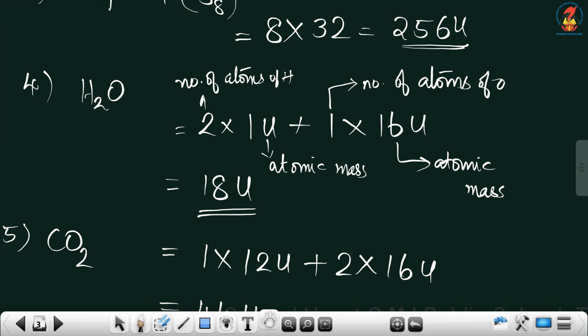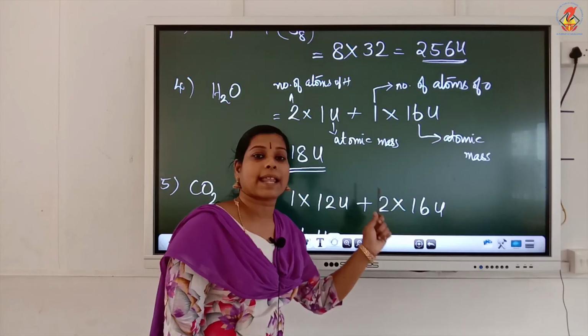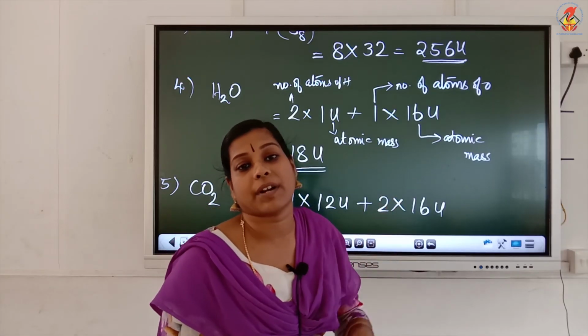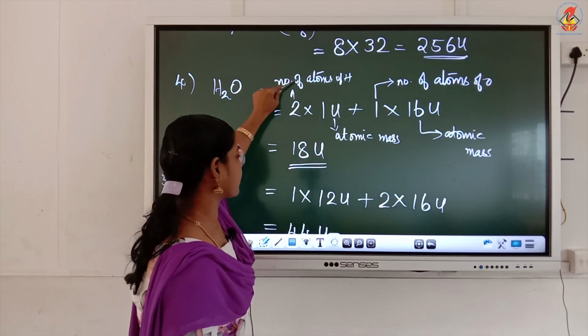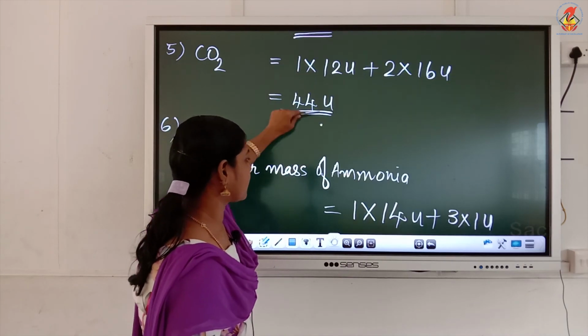After that we saw some compounds with different elements, how to take the number of atoms present in that compound, multiply with their corresponding atomic masses and add them for the different elements to get the molecular mass of different compounds. Hope this much is clear to you.